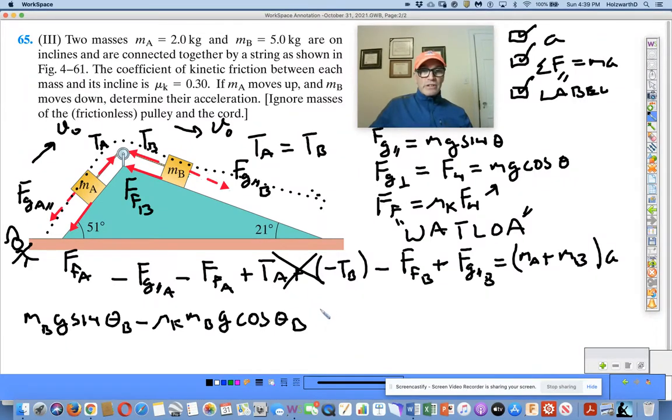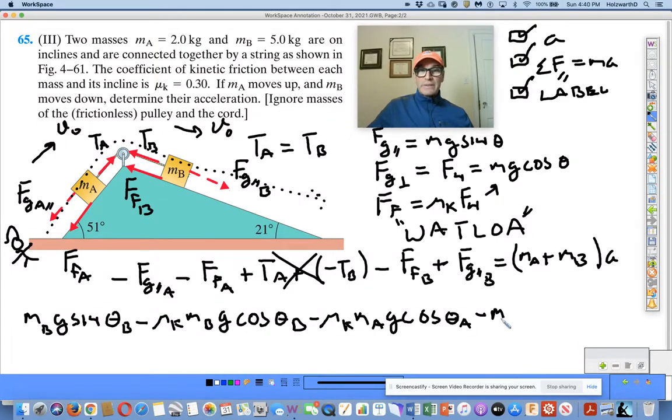The next vector is the force of friction between m sub a and the surface. So that's going to be mu sub k once again. But instead of m sub b, it's m sub a g. Instead of cosine theta b, it's going to be cosine theta a. Got to differentiate those two angles. And then last but not least is the component of gravity, which is acting downhill, opposite the direction we're adding.